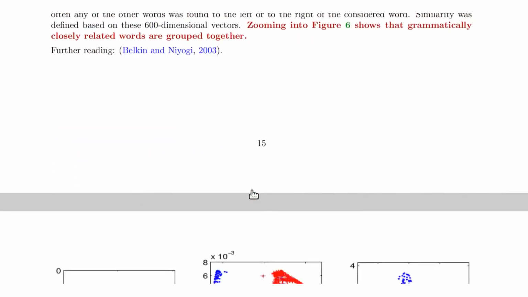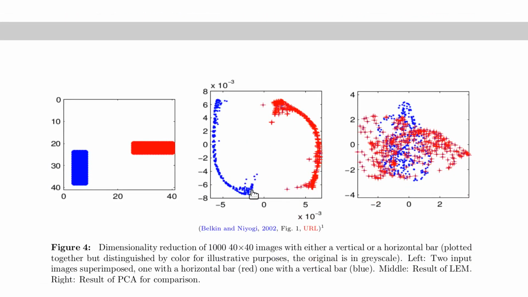Here we have 2 examples. This example illustrates on the left side a data set with horizontal and vertical bars. It's only one bar shown at a time, so either you see a vertical bar or a horizontal bar. The color is not given to the system, it's just a pixel distribution.